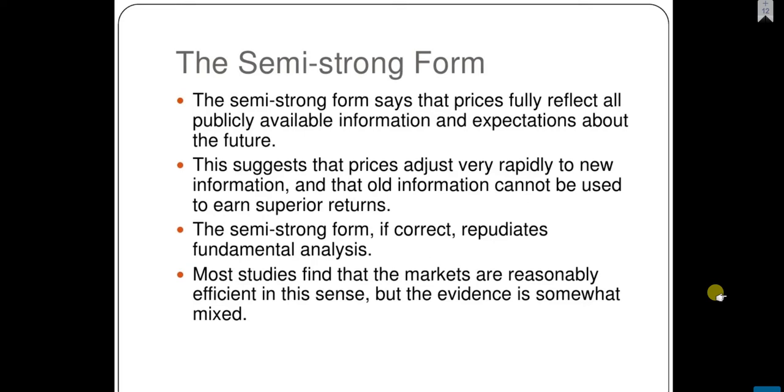So we have three forms in the efficient market hypothesis. One is the weak form efficiency that has been covered in the last session, and now we are discussing the semi-strong efficiency. The strong form of efficient market hypothesis also assumes that stock prices reflect all public and private information.